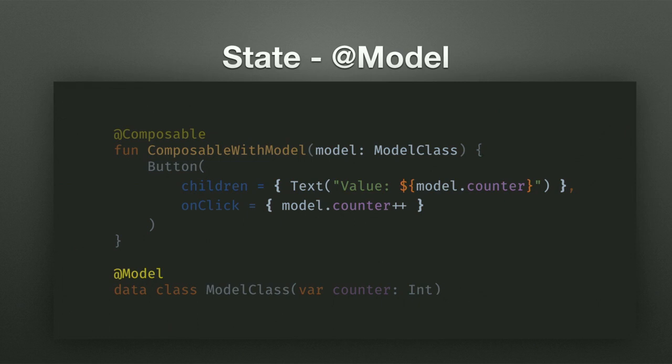So the important thing here is that we have this model annotation, and it will tell the runtime to note every call to this model's properties. So whenever something accesses counter or any other property within a model, it will be available to the Compose runtime.